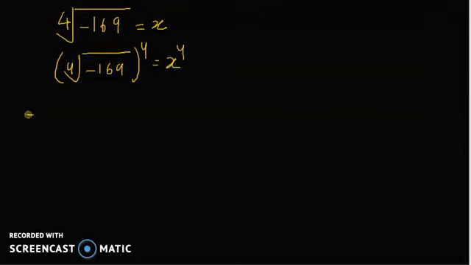And as you can see, we can write it as x raised to power 4 is equal to negative 169. This and this cancel, so that is equal to negative 169. So far it is clear.